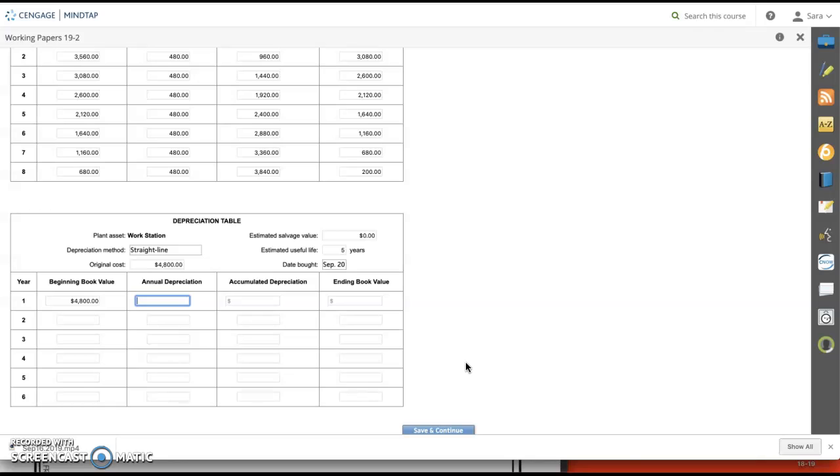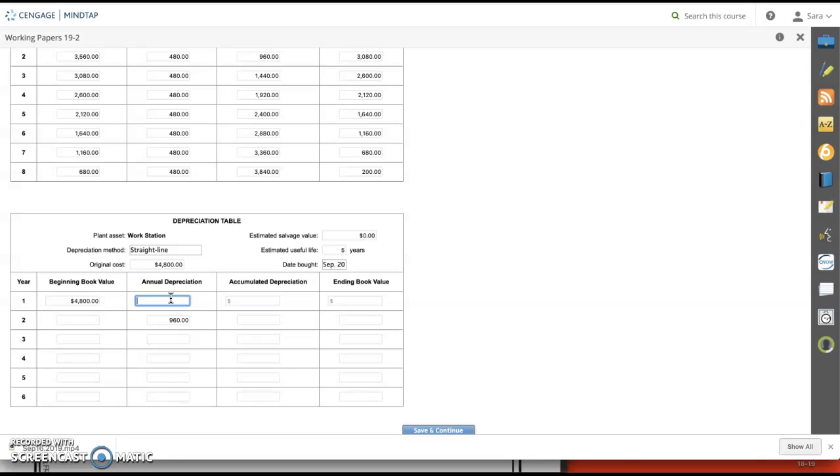So take your original cost, $4,800, minus our salvage value, which is 0. So that makes this one a little bit easier. So then $4,800 divided by the 5 years. So we know that our annual depreciation is $960, and I'm just going to put that down in year 2, just so I don't forget when we get to that point.